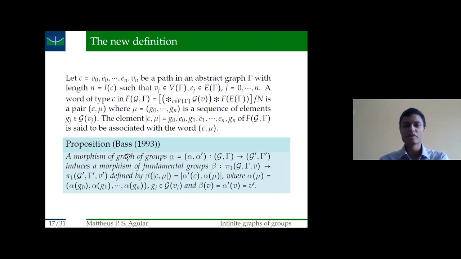So Bass does not define this map properly with this notation, but we changed it a little to allow us to define the fundamental group with a base point V. So now it's defined: we take the map on the graph, we take the same path, the image of it by alpha prime, and now alpha of mu is a map of groups, and we take the image of these elements in the vertex groups.